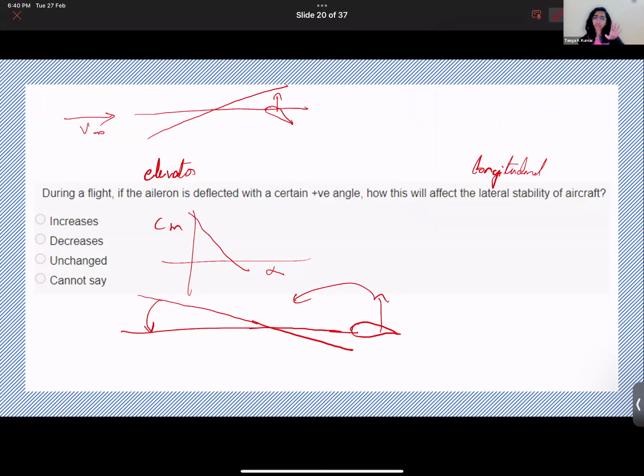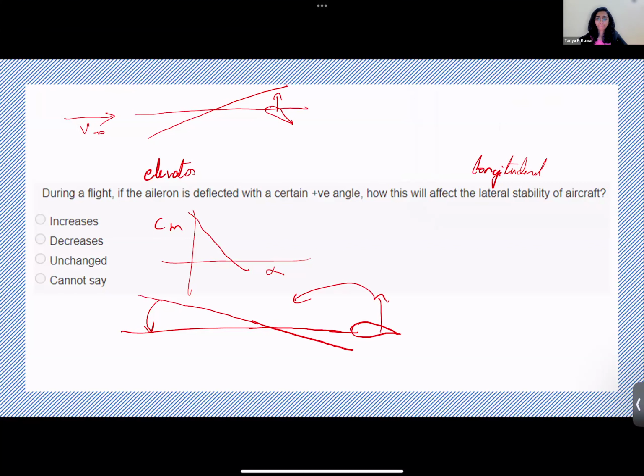Okay. So does that change the CM alpha slope? No. So when you deflect the control surfaces, they do not affect the stability in any way. Deflection of any control surface does not affect stability, lateral, directional, or longitudinal.